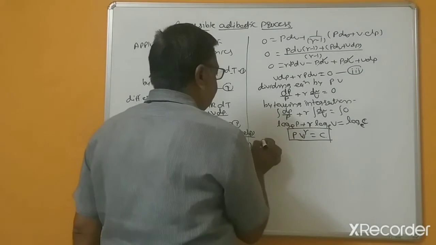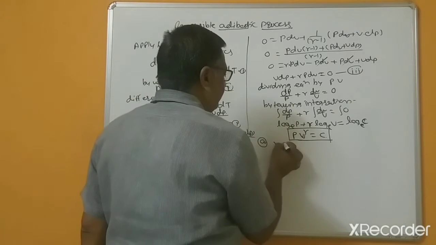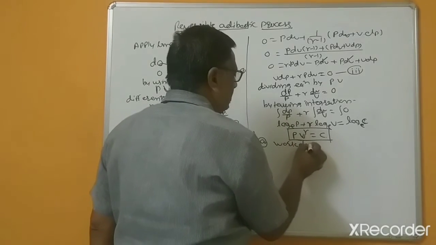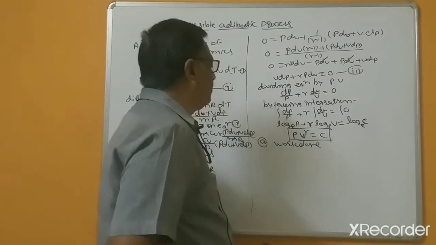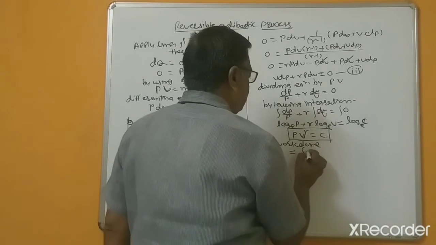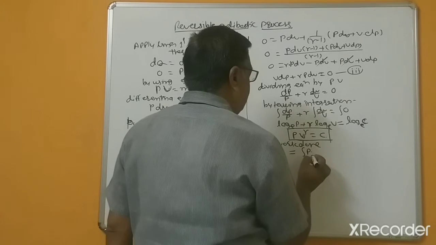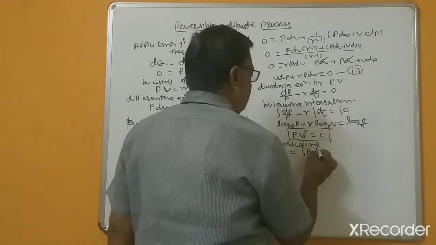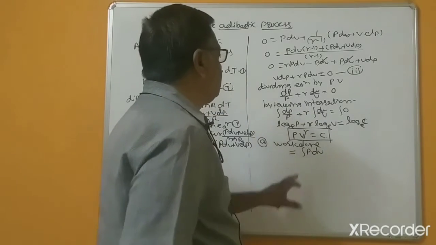Now as you know, work done equals P into dV.